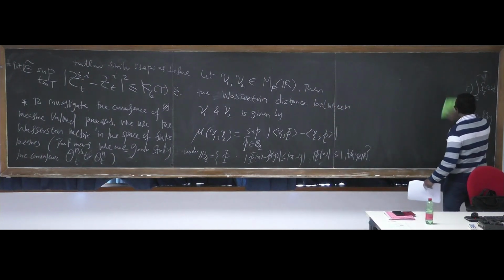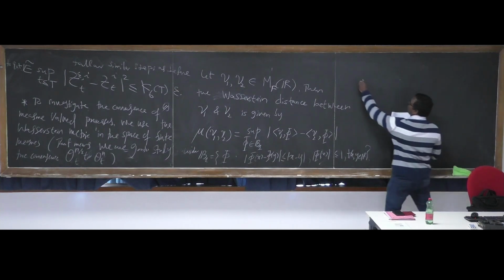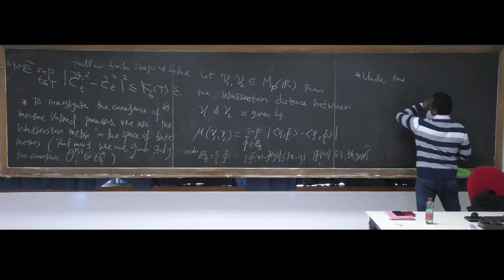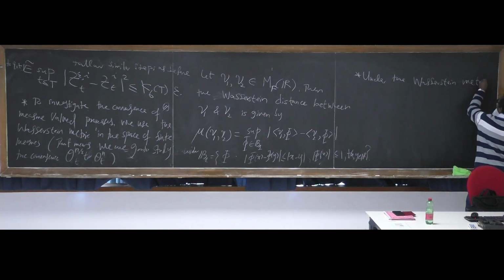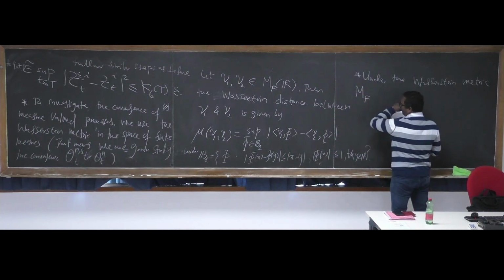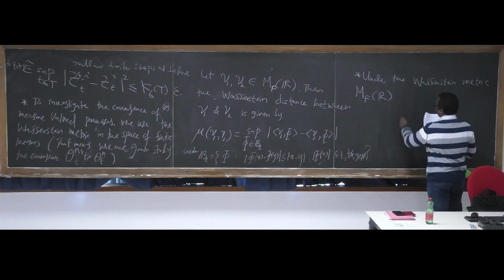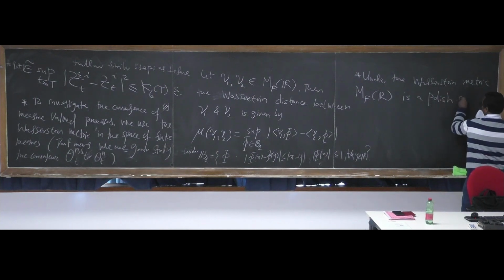All right, so we are in good shape now. Under the Wasserstein metric, the space of finite Borel measures MF R is a Polish space.